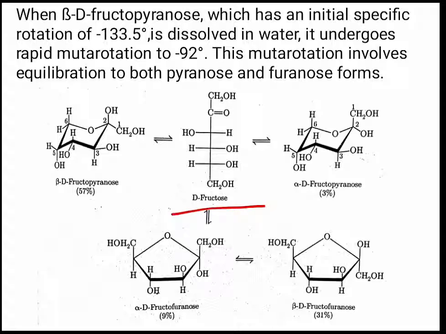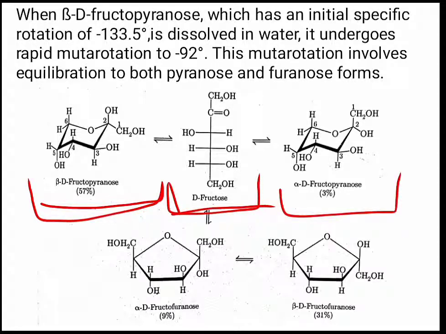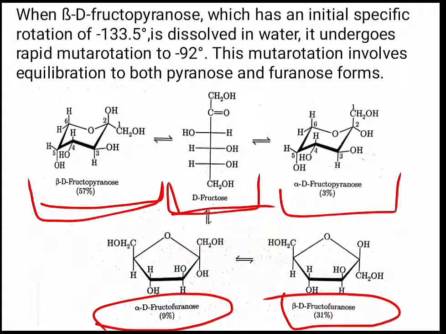So this is your D fructose and you are taking beta D fructopyranose. At first this is converting into the open chain structure, then into the alpha D fructopyranose, as well as you are getting the alpha and beta D fructofuranose structures.